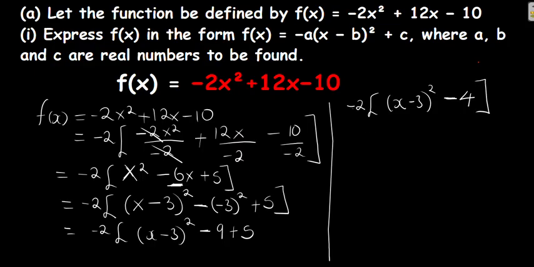So after doing that, you have the negative there, right, times this part here. So it will be negative 2 times x minus 3 squared. Now what's the next? This part, negative 2 times negative 4, gives positive 8.